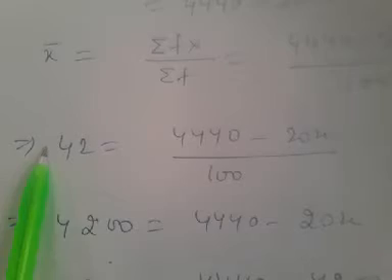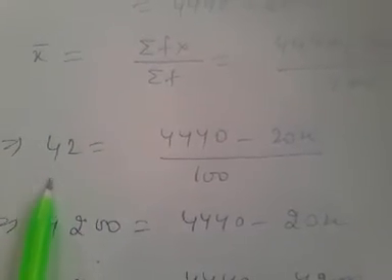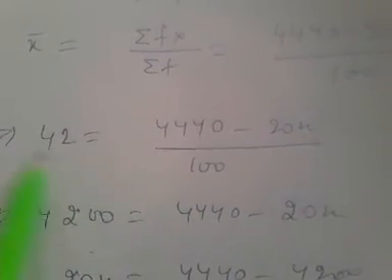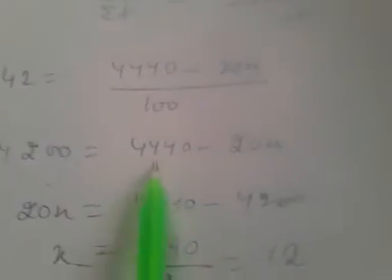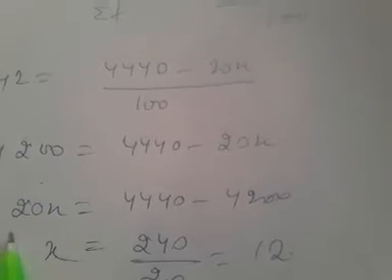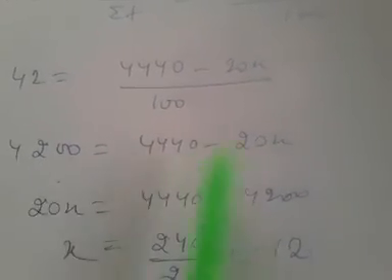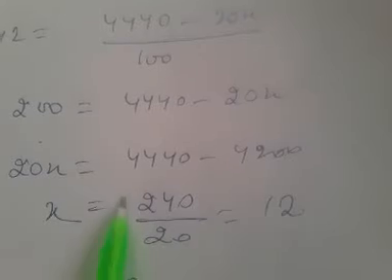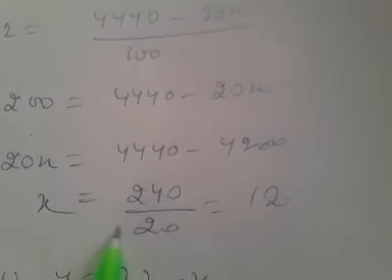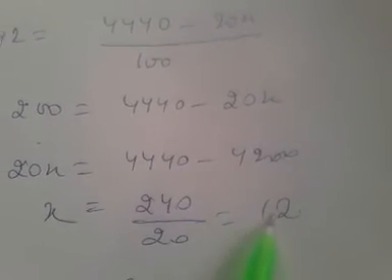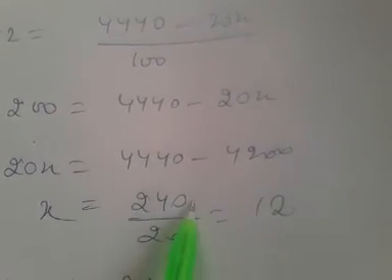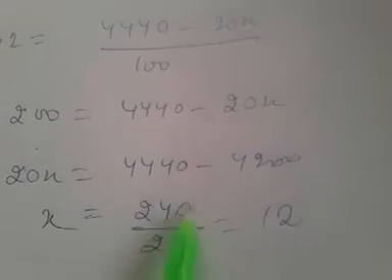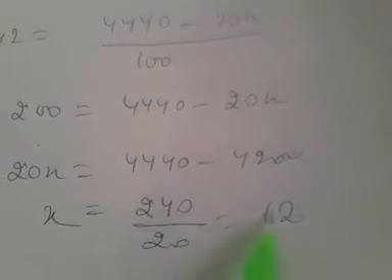Now simplifying it with mean given as 42, we do the cross multiplication to make it 4200, and this minus 20x when taken to the LHS becomes 20x, and this 4200 will be taken to the RHS, and simplification will give us the value of x as 12, because the difference of 4440 and 4200 is equal to 240, and the quotient of 240 and 20 is equal to 12.